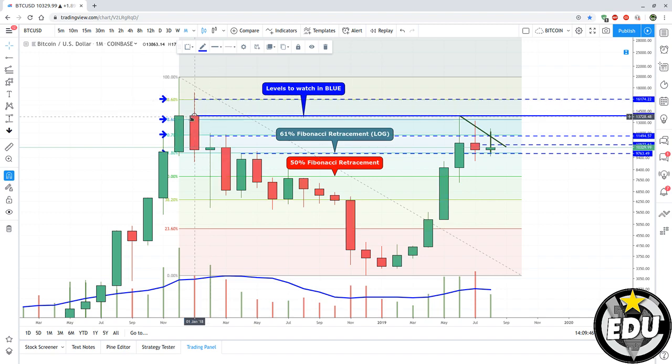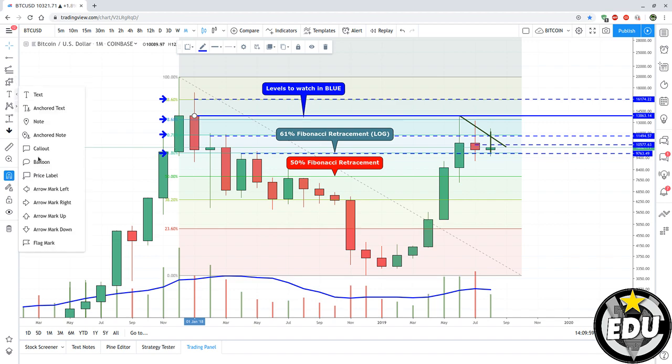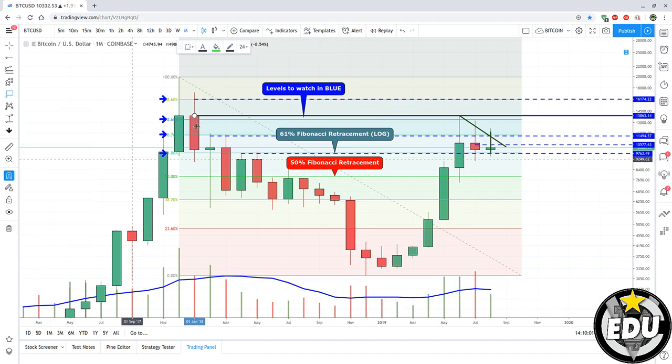And the most important thing about this monthly is how price reacted exactly on the level. So if I take the magnet mode and put the price label, let's see how much it was based on the magnet mode. 13863.